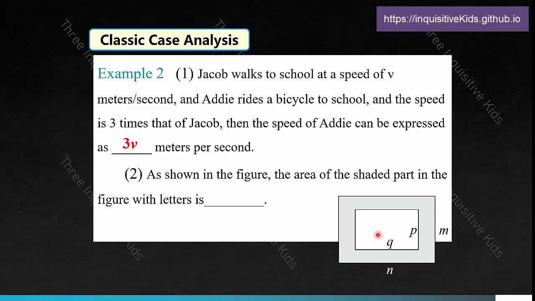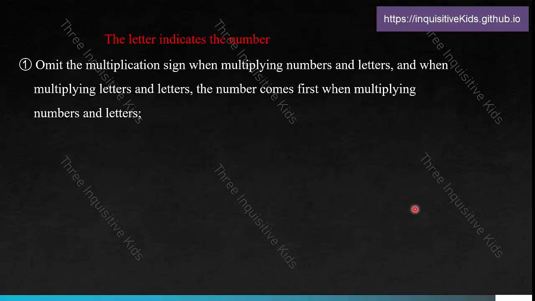Well, we know that the area of a rectangle could be expressed as mn, because these are the dimensions that we're going to multiply. And then this in the middle is going to be PQ. And so if we know the area of both of these rectangles, we can find the difference, which is going to be this. Remember, we never have to actually find one specific answer to all of these problems. All we have to do is find the expression from the formula. So the answers are 3v and mn minus pq.